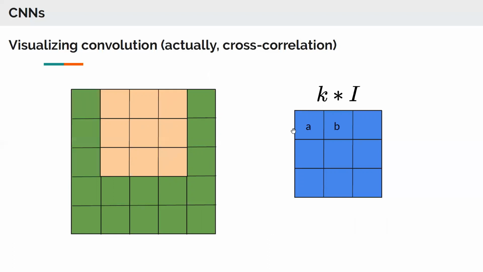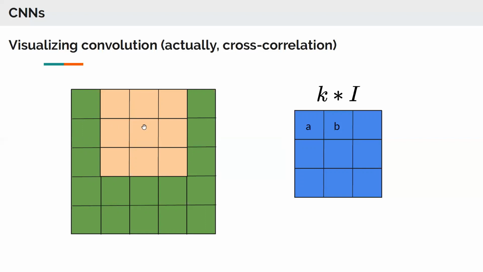In the next step, we shift the kernel one step to the right, again compute the dot product, and put the number here. Note that the kernel values stay the same, just that they are multiplied with different image values because the kernel has been shifted.